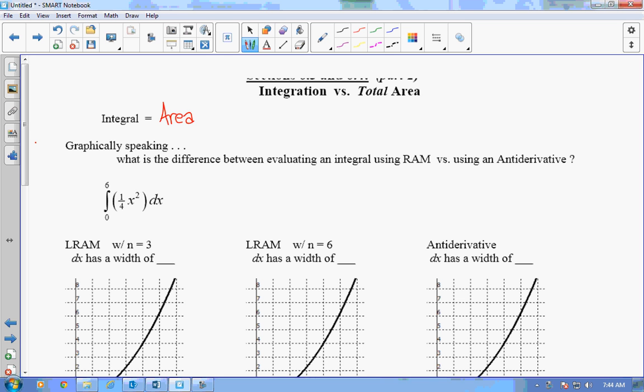And it's actually the net area to the x-axis, because when we found the area of sine from 0 to 2 pi, we said the area was 0. Do you remember that? So this is the net area above the x-axis. Sometimes the negative area cancels out the positive area. We get 0, even though we can see there's actual area.